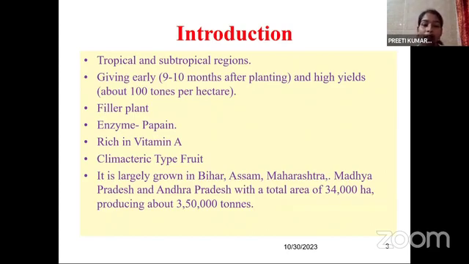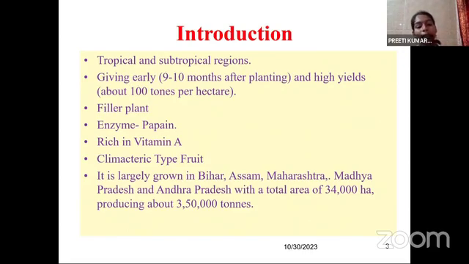The main important thing is that it contains the enzyme papain and is very rich in vitamin A. When people have a vitamin A deficiency, doctors suggest eating foods rich in vitamin A, like papaya. It is a climacteric type fruit.